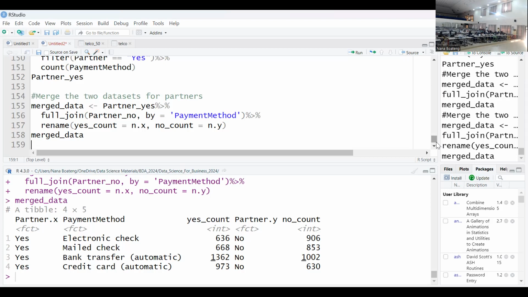One of the very important packages we use for visualization is what we are going to use.